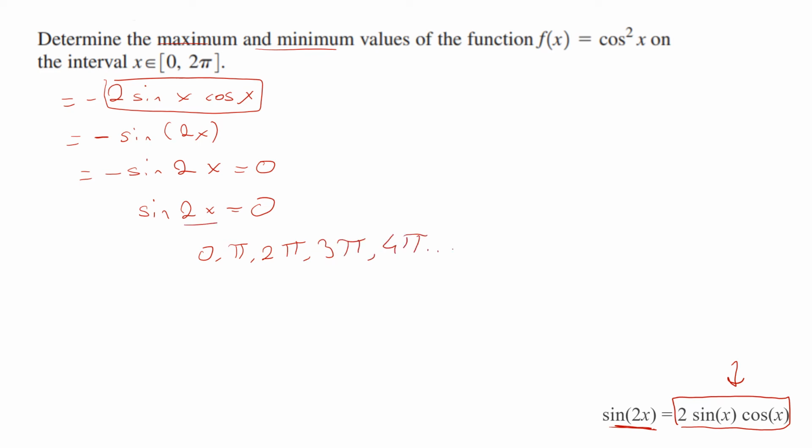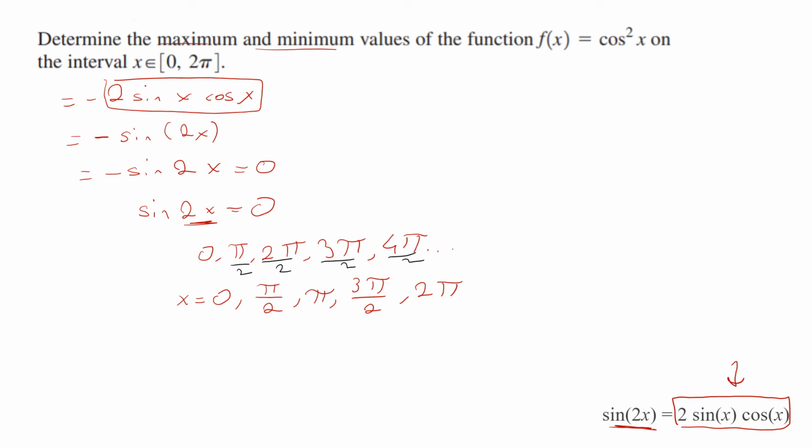But since it's 2x, if I apply that to the graph, the zeros are when x equals 0, pi over 2, pi, 3 pi over 2, or 2 pi. And what I realize is it's the same thing as dividing these by 2. It gives me the same thing.